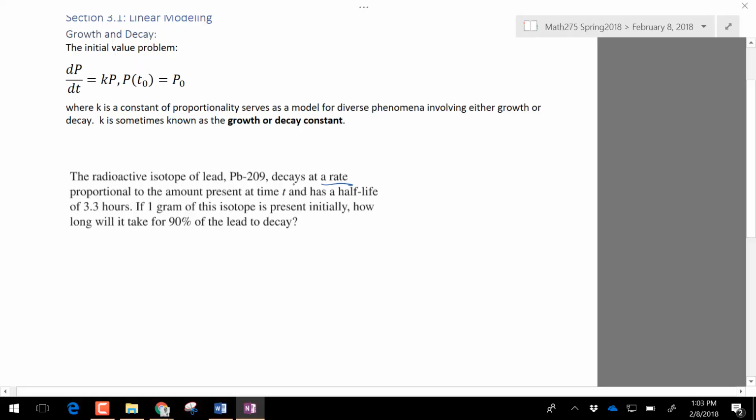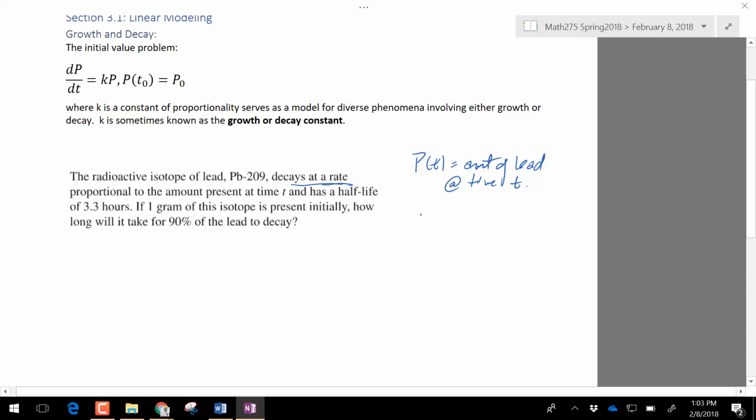The rate is proportional to, so let's say P equals the amount of isotope at time t, and it has a half-life of 3.3 hours. So the decay rate, P prime of t, is proportional to the amount present at time t.